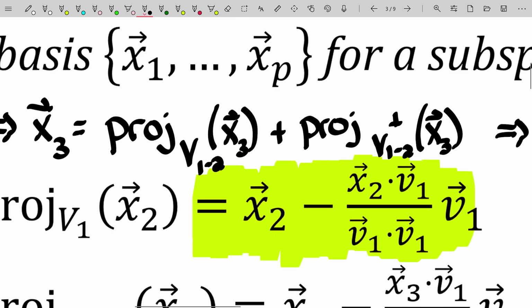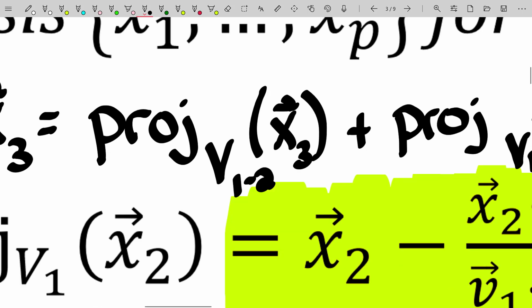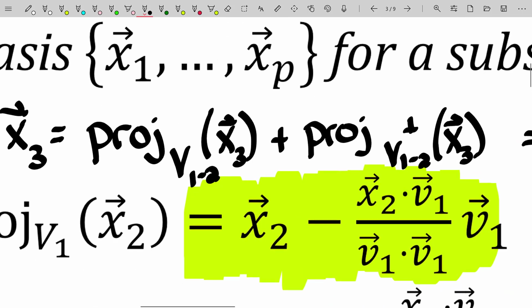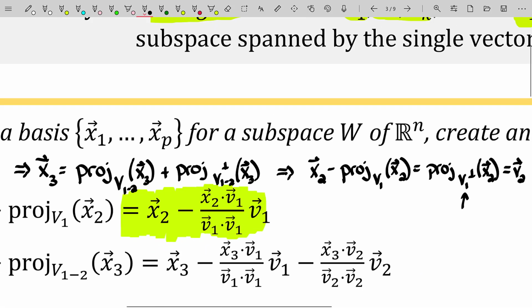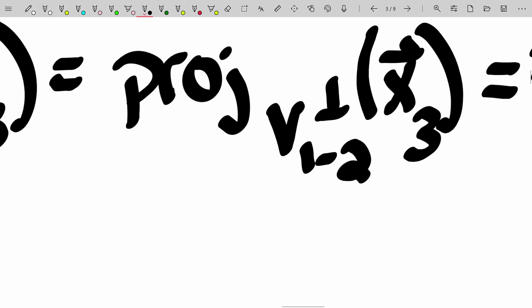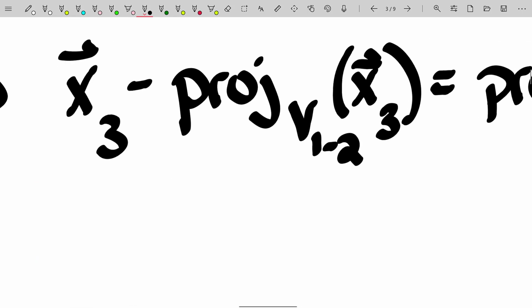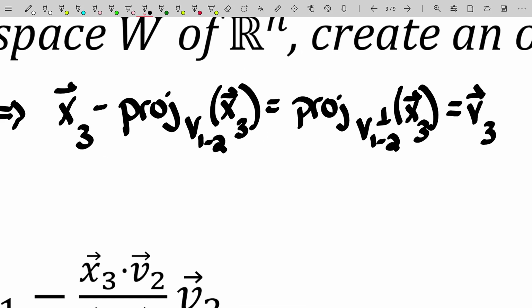This guarantees that x sub 3 is the sum of two vectors, one which lies in the space spanned by the vectors v1 and v2, and another perpendicular or orthogonal to that space. And by our previous work right over here, if we subtract the projection of x sub 3 onto the vector space v sub 1 through 2 from both sides, we get that our projection of x sub 3 onto the v sub 1, 2 perp becomes this difference between x sub 3 and the projection of x sub 3 onto v1, 2, and we're going to call that v sub 3.